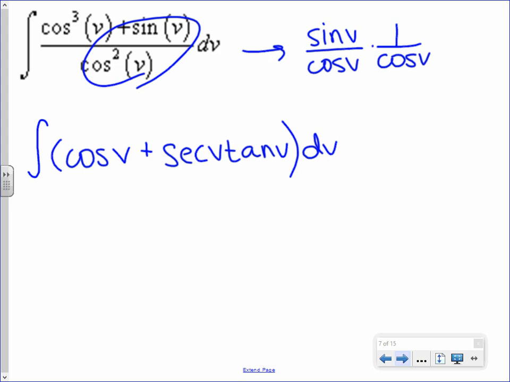Is this so much better? It looks super complicated, but with just a few trig identities, we can get it to something that we can take the antiderivative of. Okay? Antiderivative of cosine? Sine. And antiderivative of secant tangent? Plus v.